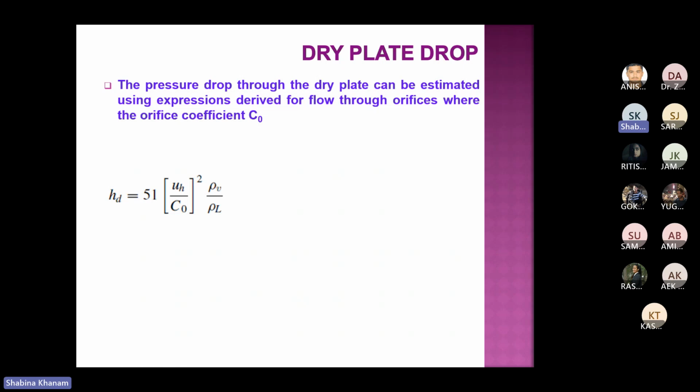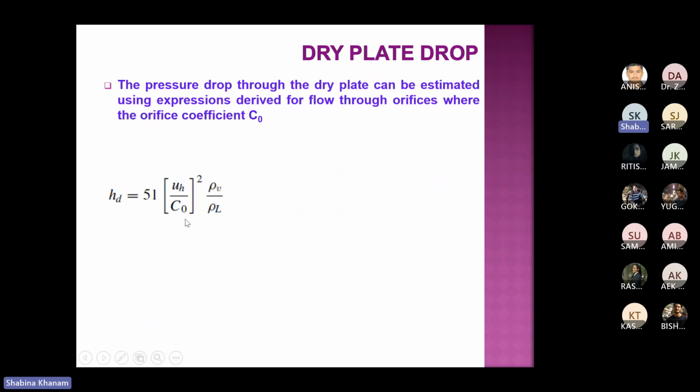Vapor velocity through hole means whatever location you are considering, for that you already know the vapor flow. And we take the vapor volumetric flow and divide it by the hole area. This is not a single hole, this is for all holes available in the plate.